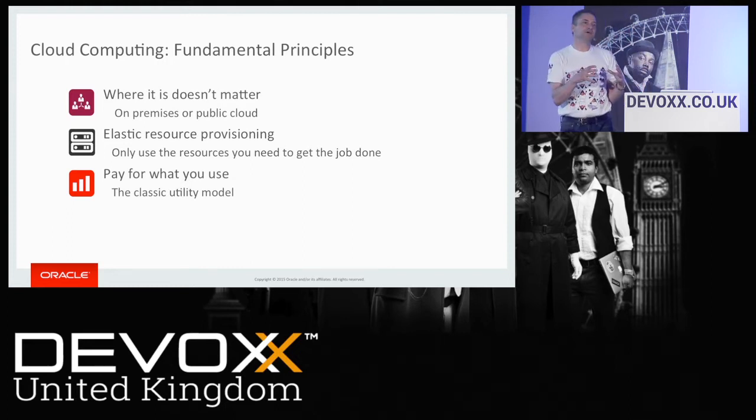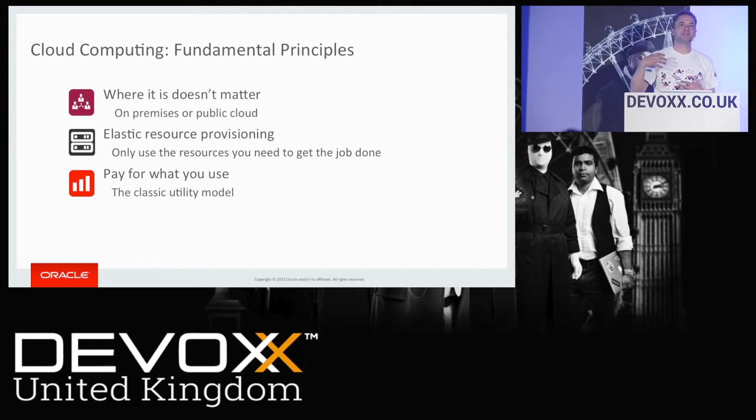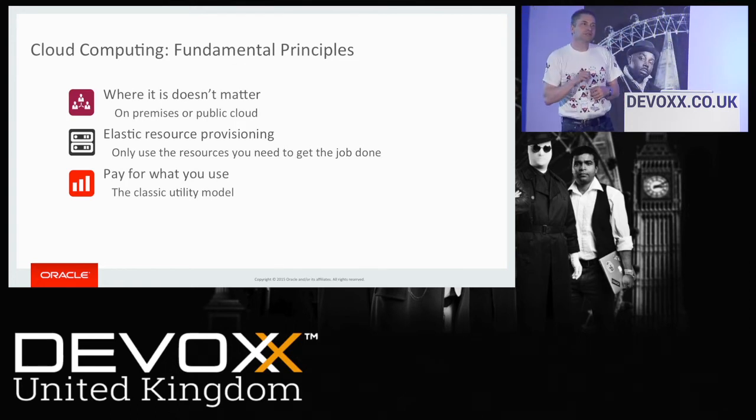And the same thing applies in terms of cloud computing. So we need to have this ability to standardize so that we can put our applications into the cloud and know that when we develop those applications, they will run on the platforms that are being provided. The other thing is this idea of elastic resource provisioning.